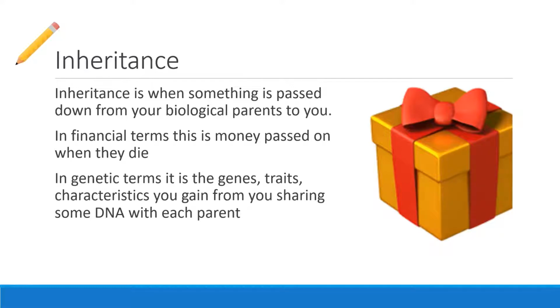It means my grandparents or parents died and they leave me all their money. But in the genetic sense, it's a little bit different. In genetic terms, it's the genes, traits, and characteristics you gain from sharing some DNA with each parent.